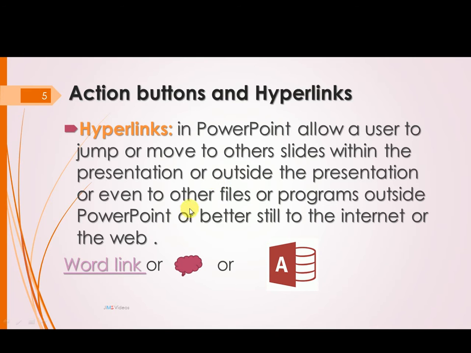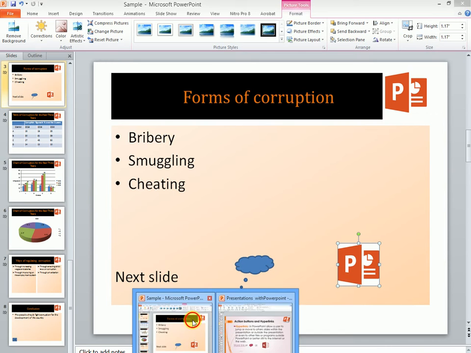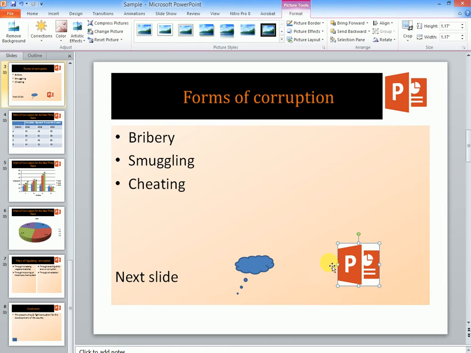So how do we do this? How do we set this up? Let us go into our sample presentation and see how this happens. So right about here, we are going to use these three options to set up a link between the slides.